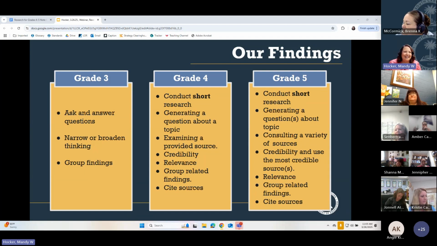I'm so excited. Okay, so when we look at the language of the indicators, if you pull up the vertical progression, kindergarten through third grade uses the terminology print and non-print sources. Then in fourth grade, it changes to provided source. Now, the implication for that as a fourth grade teacher is that I need to look before my grade level at kindergarten, first, second, and third grade, and know that my provided sources to my students need to include print and non-print.